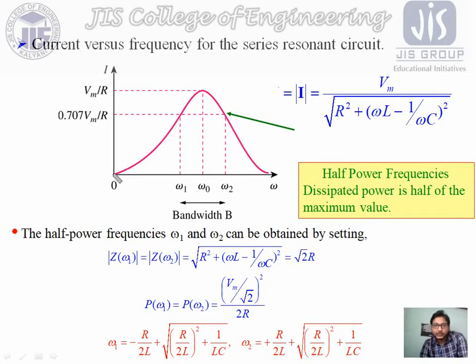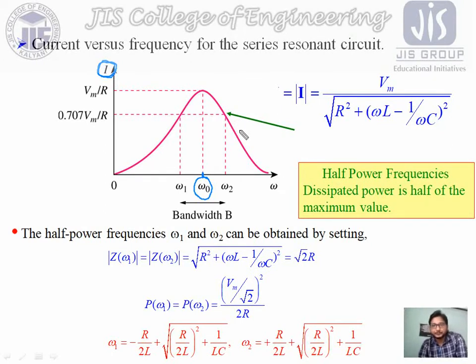Based on this omega, the current increases, and at some point the current reaches its maximum value, and after that it decreases again. When the current reaches its maximum value, the resonance occurs. We have written it as W0, so W0 is the resonance frequency.